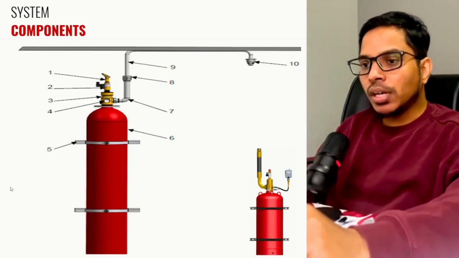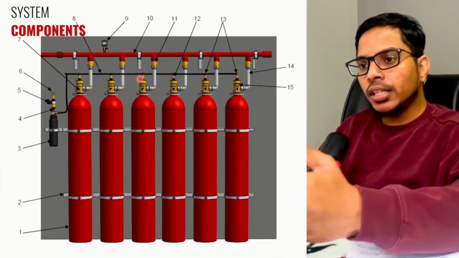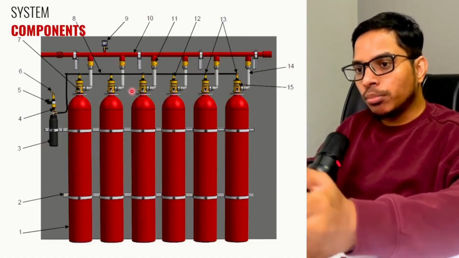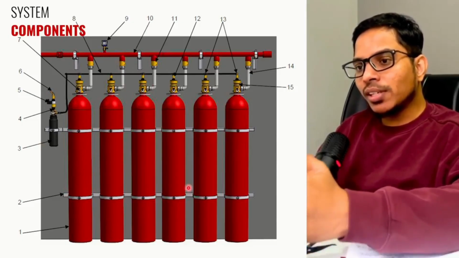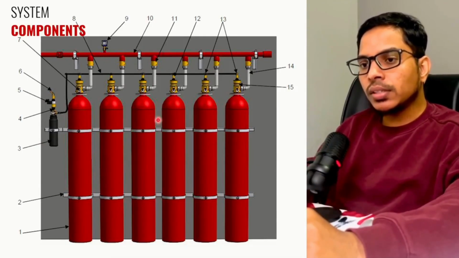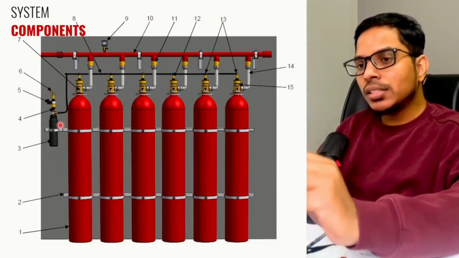If you have multiple containers, then there will be two options, and in this particular slide I am going to cover the first option. If you have multiple cylinders installed in a particular room to protect that particular room, the first option would be that you will have the cylinders and also a pilot bottle or pilot cylinder.